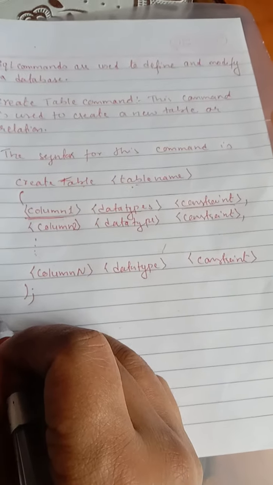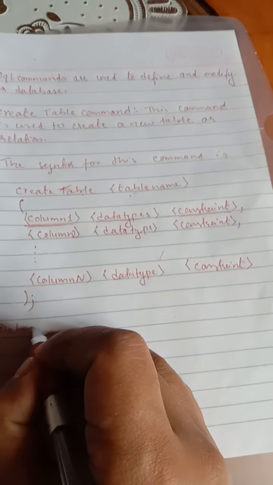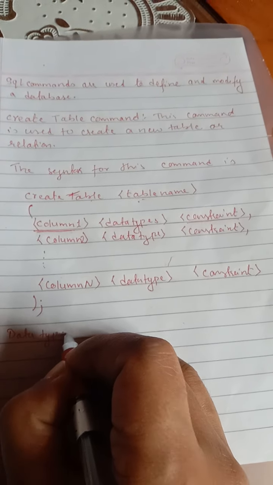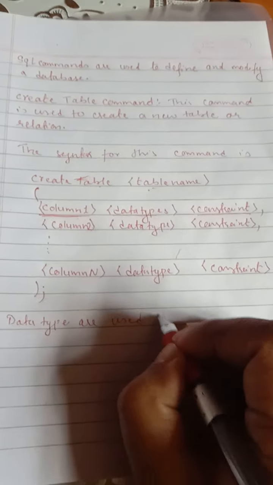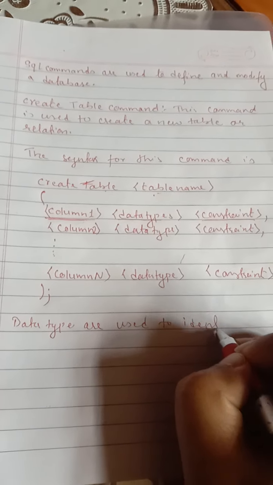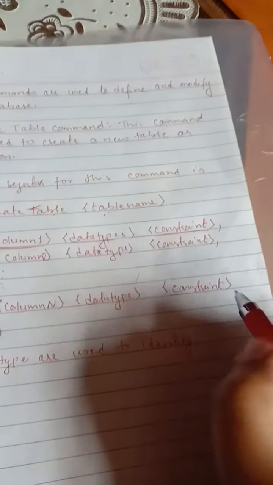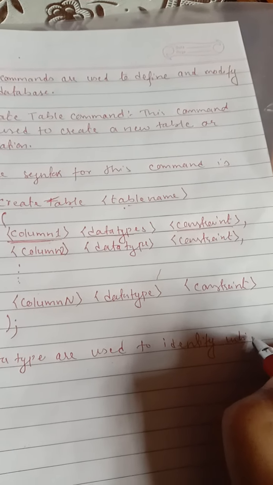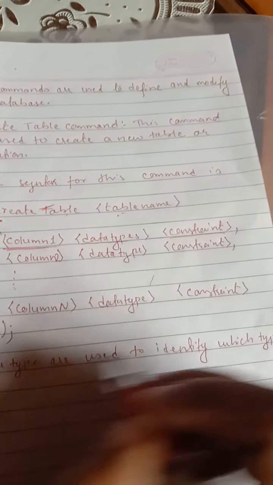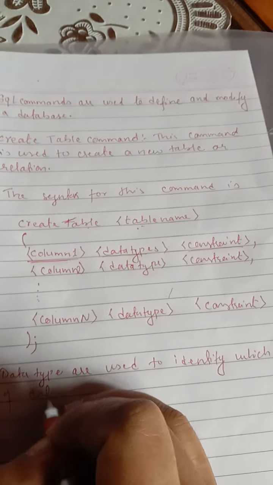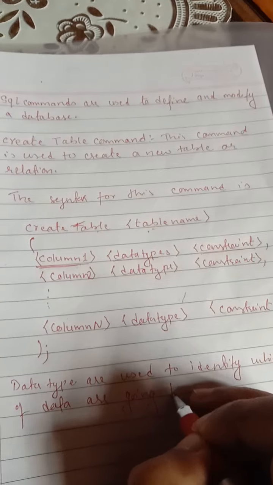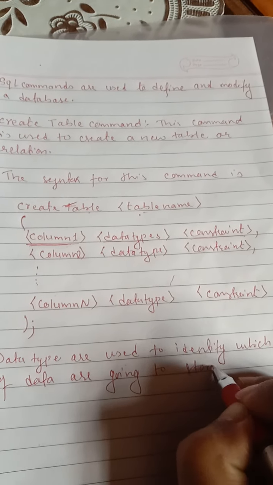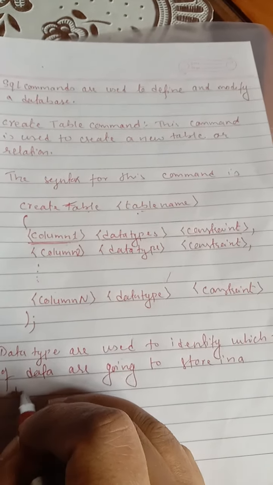Data types are used to identify which type of data is going to be stored in a database.